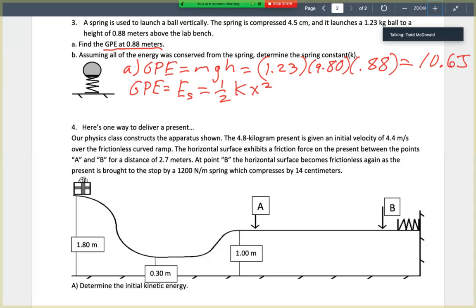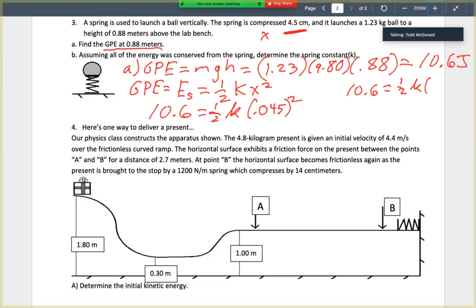So I need to set my 10.6 equal to 1/2 times k, which is our unknown, times how much we compress the spring. Be careful, it's 4.5 centimeters, so it's 0.045 meters. And that is going to be a squared term. So I'm going to basically say 10.6 is equal to 1/2 times k times this term here, 0.045 squared.